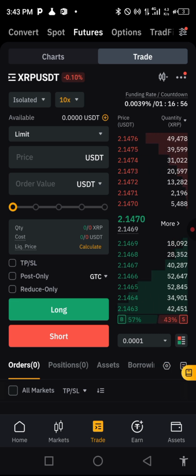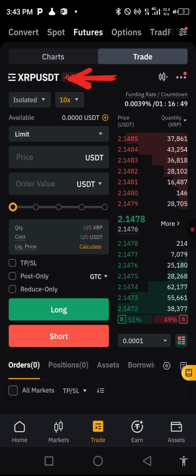Once you look at your top left hand side, you see XRP USDT. That is a currency pair. If you want to trade a coin that probably is not here, what do you have to do? You click on that currency pair that you are seeing.